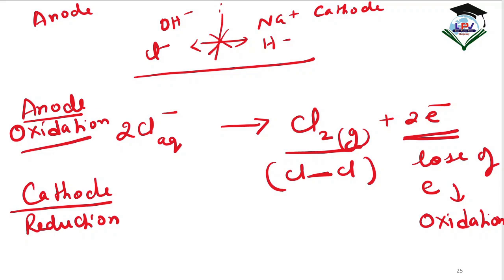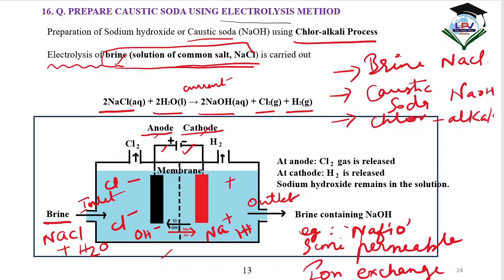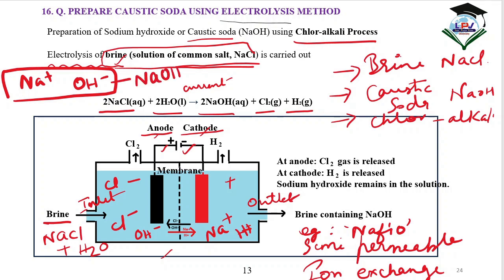At cathode, you have hydrogen, this H+ proton, which gains 2 electrons to give H2, which is your hydrogen gas, and the remaining Na+ and OH- in the brine solution will give you the caustic soda, which is NaOH.